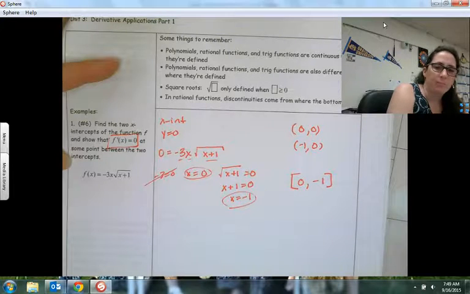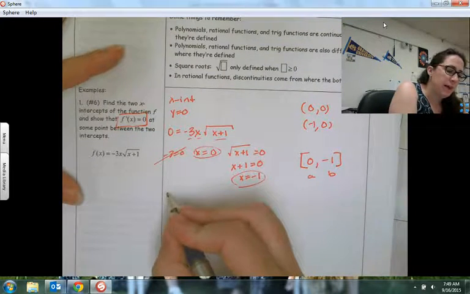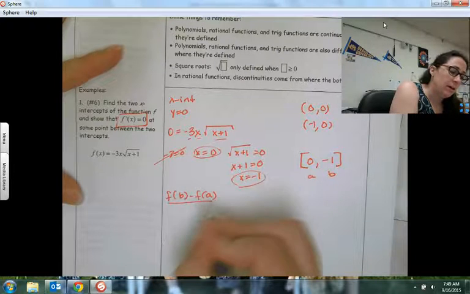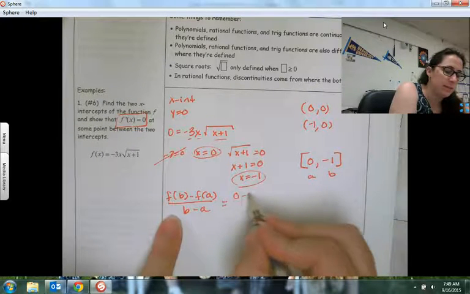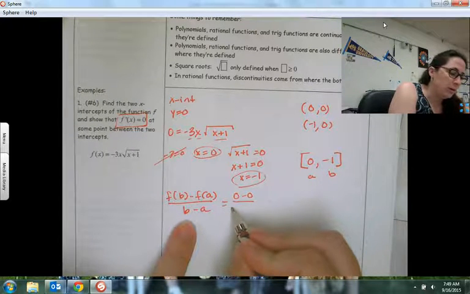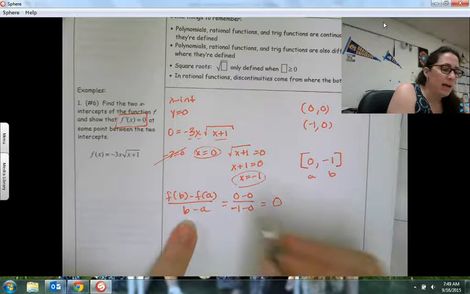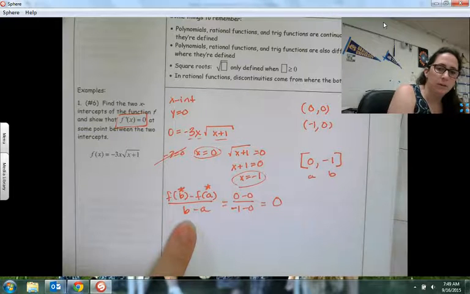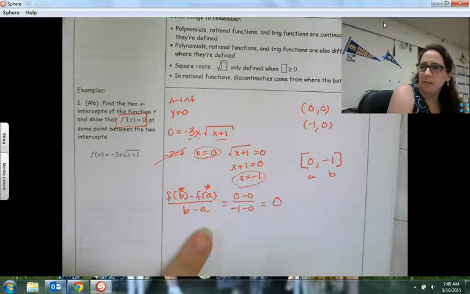Okay, so that's like my A and that's like my B. Well, I know that if I found f of B minus f of A over B minus A, we already found that this is 0 minus 0 over -1 minus 0. So I get out 0 because these two values were equal. Okay, so when f of B equals f of A, I'm going to get that secant slope of 0.